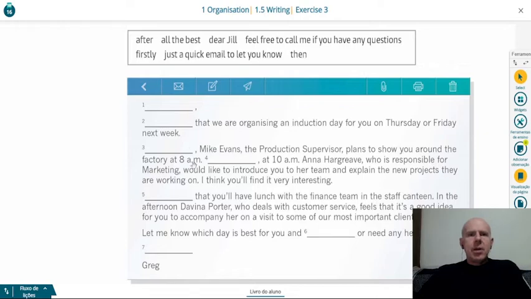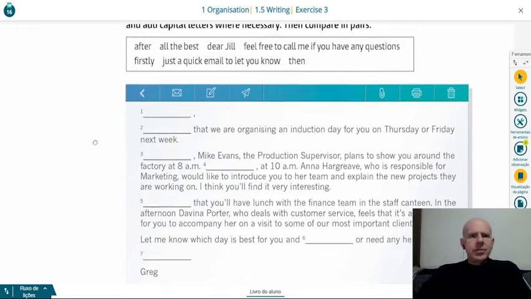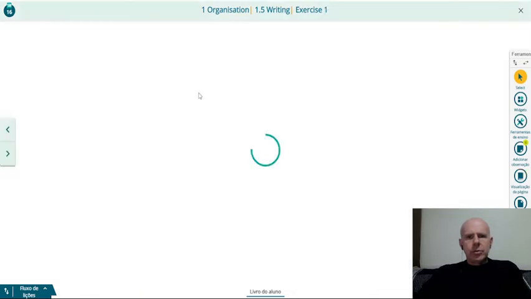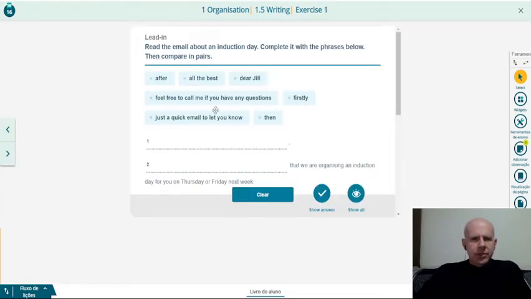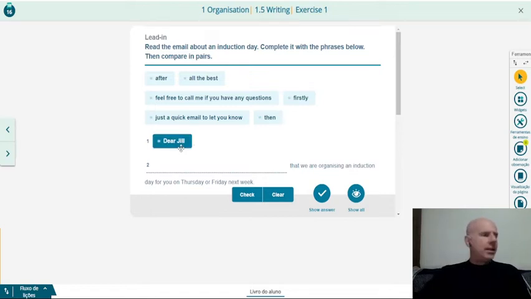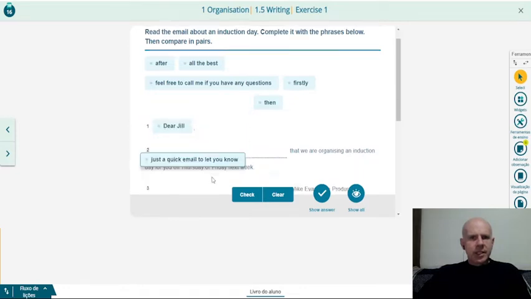At 8 a.m. What expression would you put there? Let me just check. Why don't we go to the app and use it here? Look, we should start with Dear Jill, but obviously you put capital letter because it's the beginning of the sentence and Jill is a name, so you write it with capital letters. Do you remember that we are organizing just a quick email?